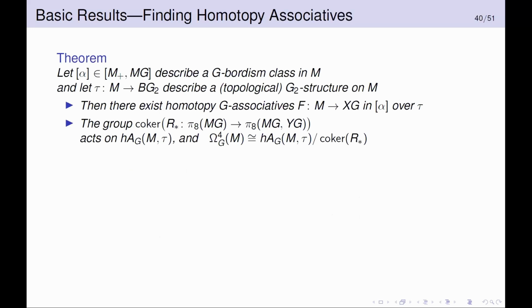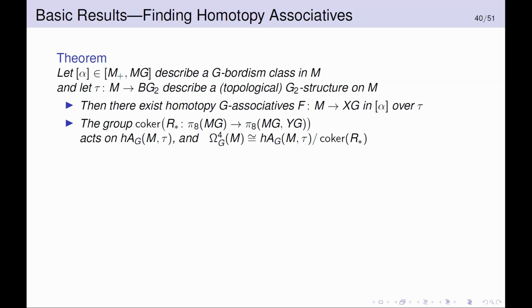So here's my first theorem. If we have a G cobordism class, call it alpha, and we have a G2 structure, just a topological G2 structure, forget about holonomy for the moment, then there always exists a homotopy G associative in that class alpha over tau.